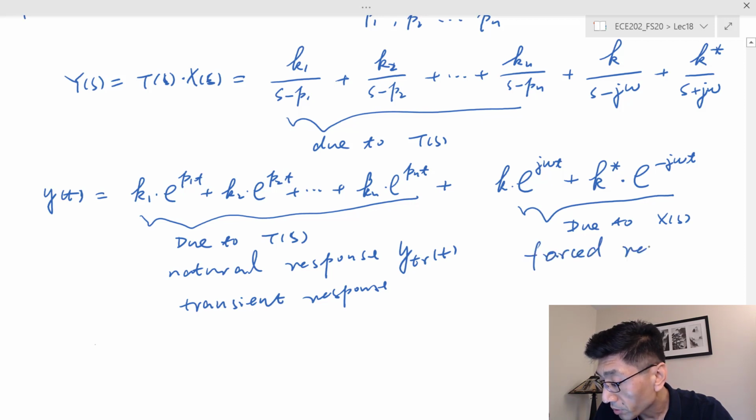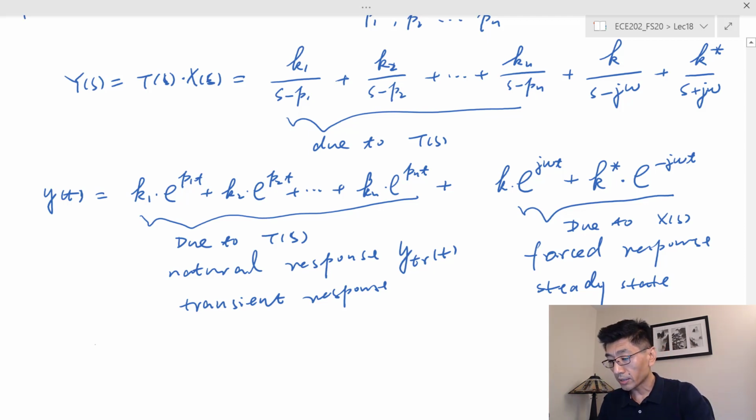Or we also call this the steady state response. Let's use y_ss(t), where the subscript ss stands for steady state.